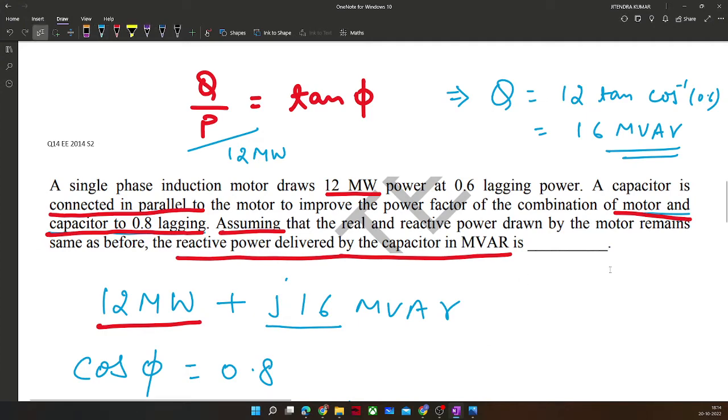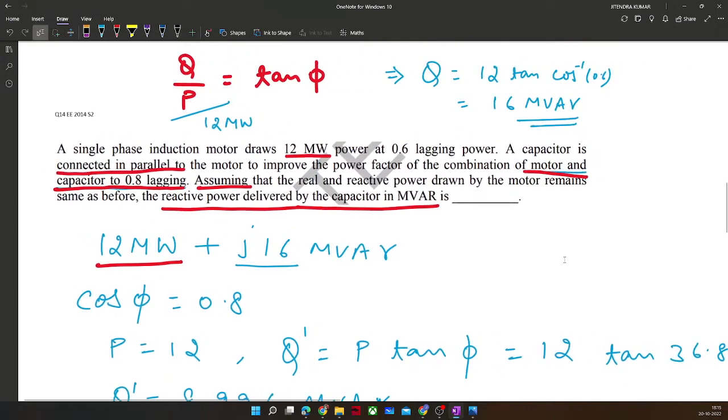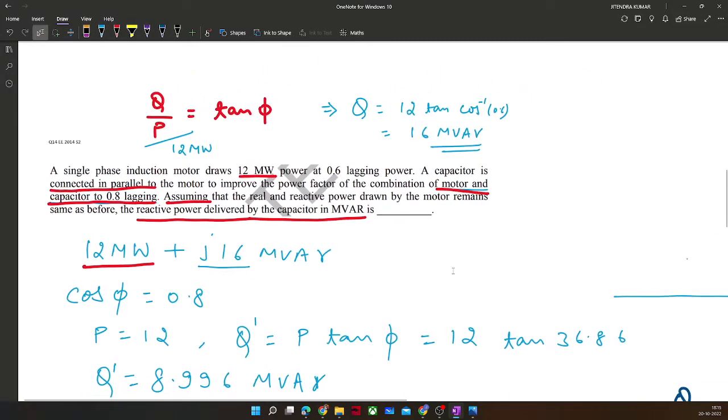After that, we will compute how much reactive power was delivered by the capacitor. Okay. So now if we need to compute the real and reactive power, it is written that real and reactive power drawn by the motor remains same as before.